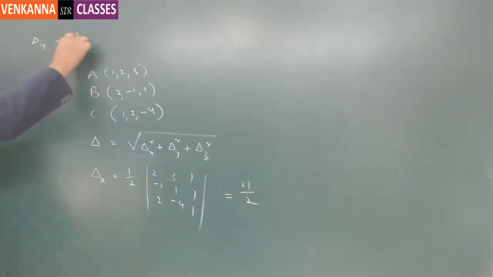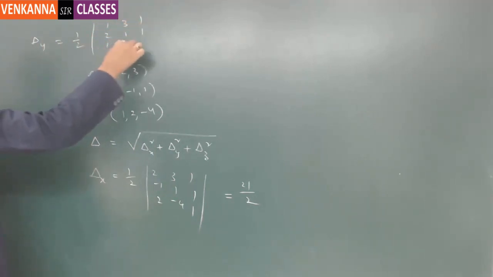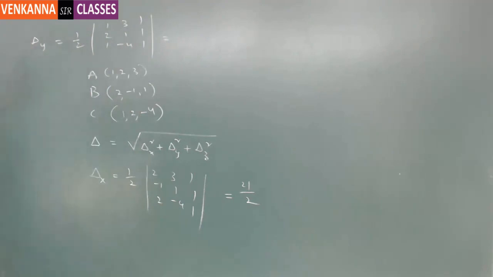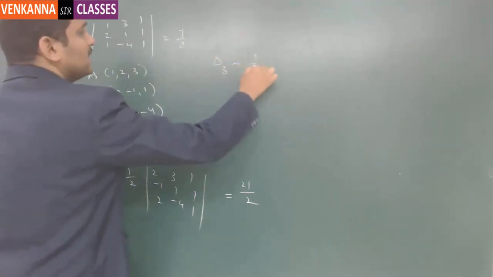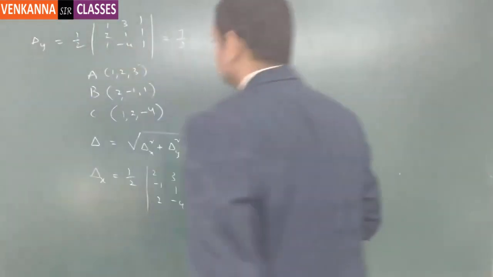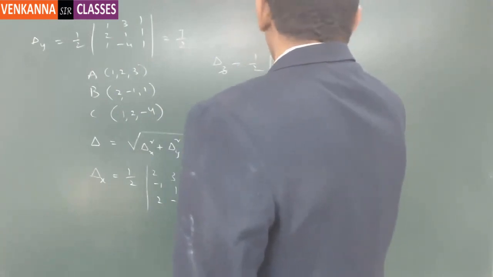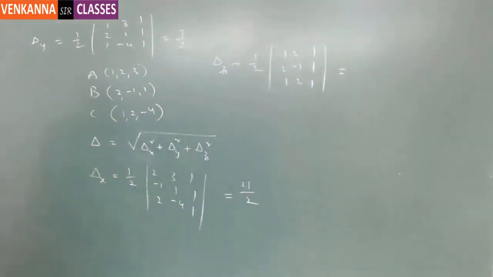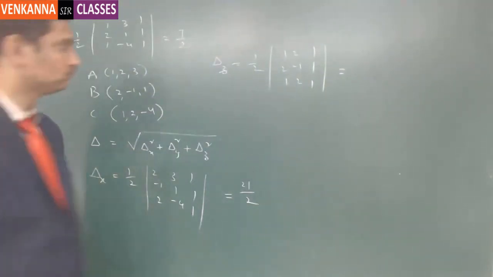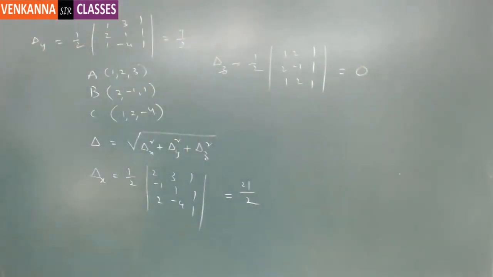So delta y is half into 1 3 1, 2 1 1, 1 minus 4 1. If you calculate the value, it is 7 by 2. And delta z is half into 1 2 1, 2 minus 1 1, 1 2 1. So if you calculate the value, its value will be 0, because we have first and third rows equal.